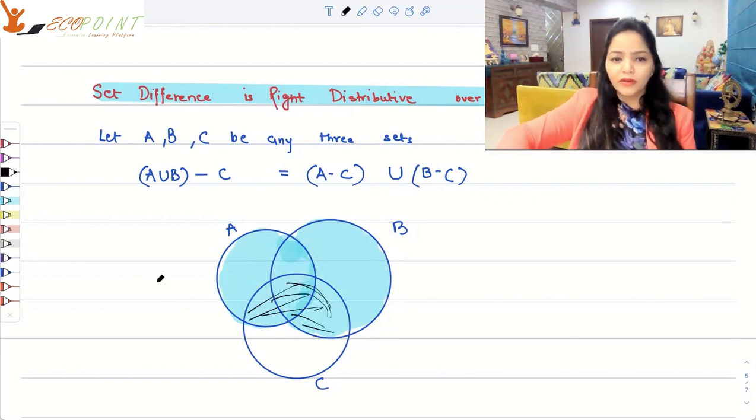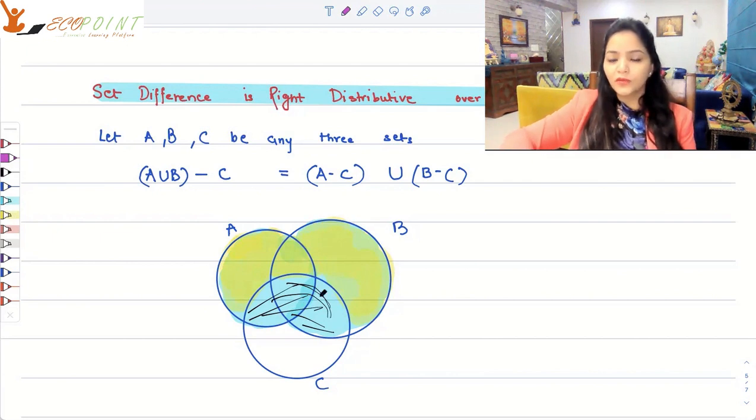This was the C part, right? So which means I'll be left with this portion, only A portion, this intersection, and the only B portion. So this is your left-hand side.